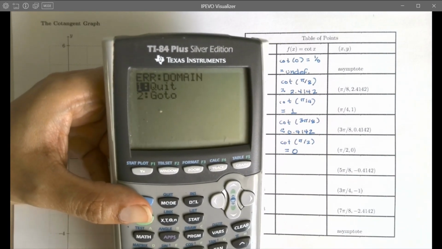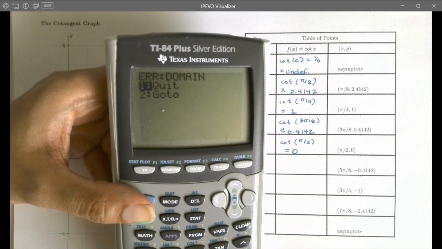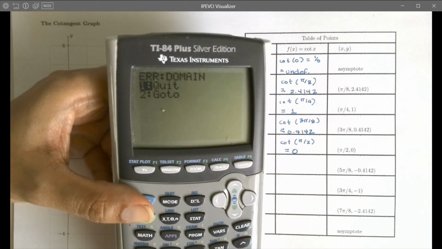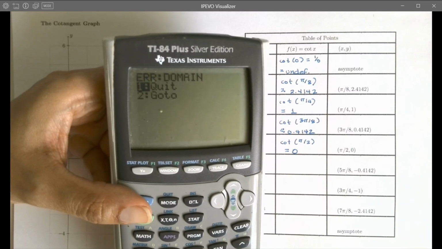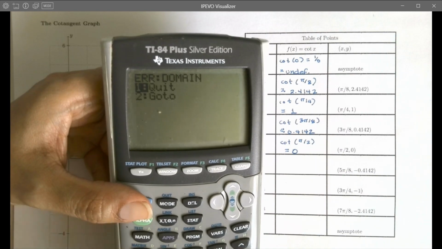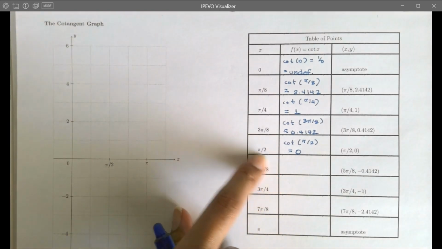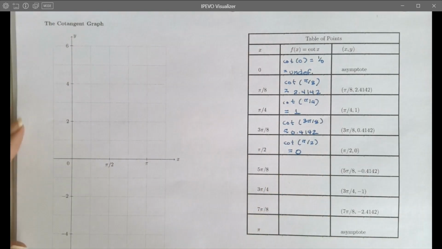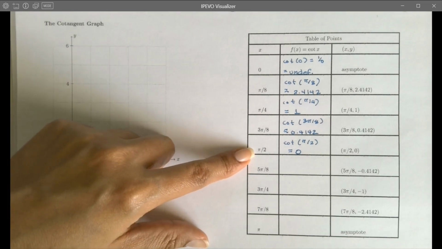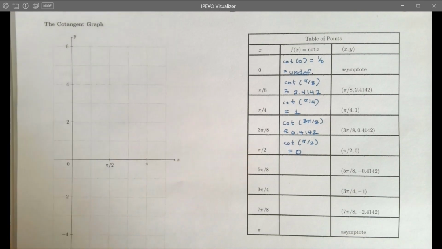And since that returns a domain error because tangent does have an asymptote at pi over 2, it then thinks, well, if I'm getting an error for that, then I can't do 1 divided by error. Right, so that is why we're getting a domain error at this point. So just be very careful when you're plugging in cotangent values, because you will always have to verify with the unit circle when it comes to multiples of pi over 2.